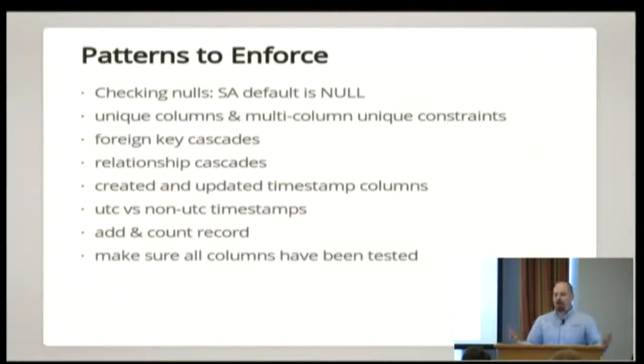Okay, so what patterns are we in particular enforcing at level 12? The first thing we're doing is checking for nulls. The SQL Alchemy default on a column is for it to be nullable. I've found in my experience that most of the time our columns are not null, and it's easy when you're adding a column and you're in the middle of a thought process to forget to set the nullable.